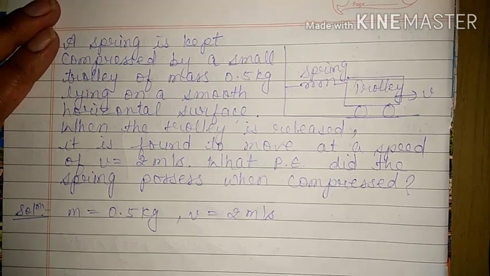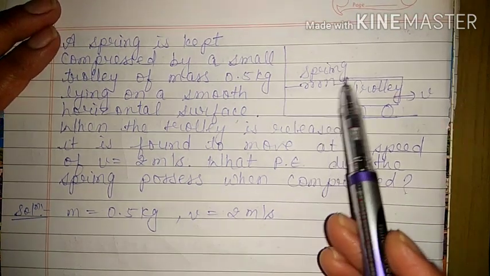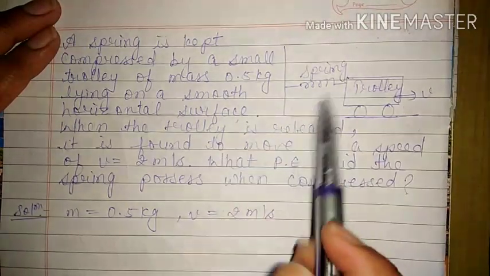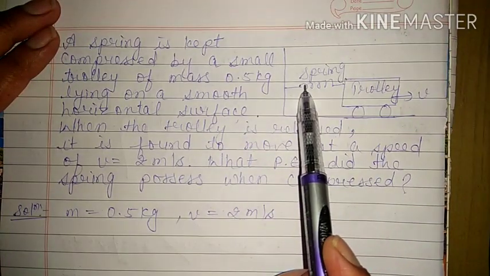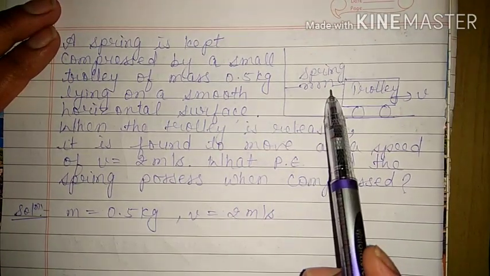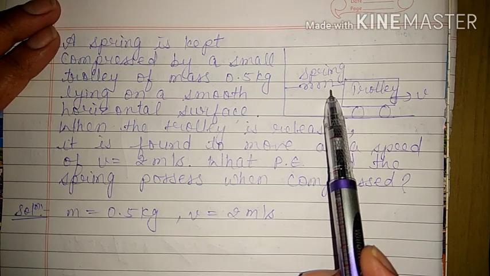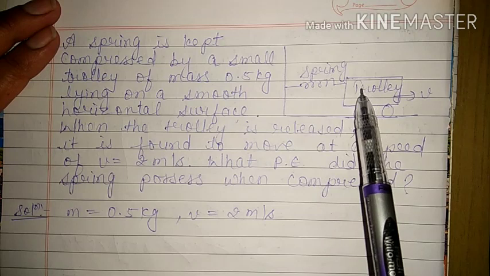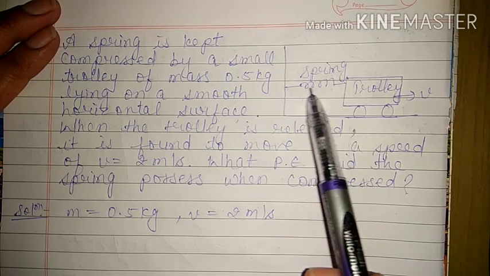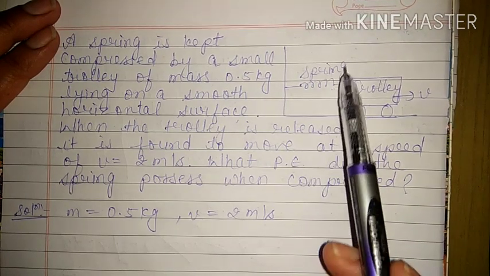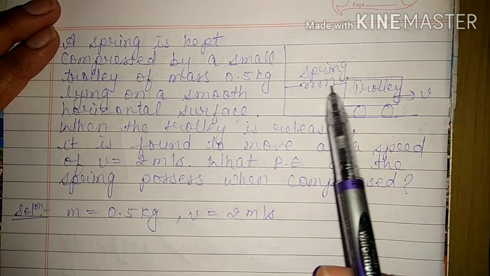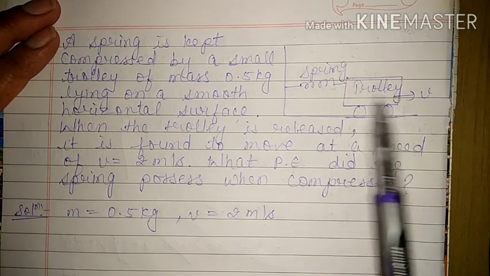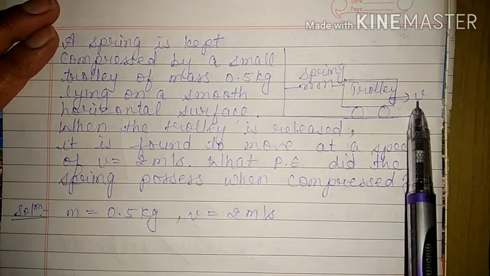We know that when the spring was compressed, some amount of work was done to compress the spring, and that amount of work done has been stored in the form of potential energy. As soon as the external force is removed, the spring will try to come to its original position, and because of that it will apply a push on the trolley, which makes the trolley move with a velocity v.